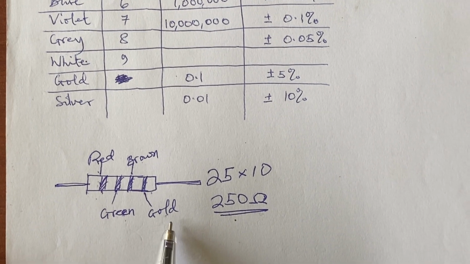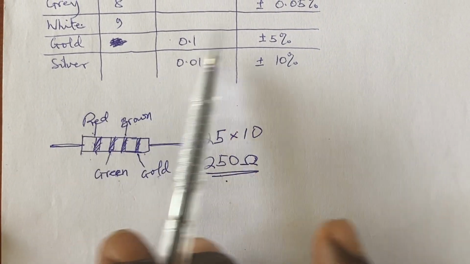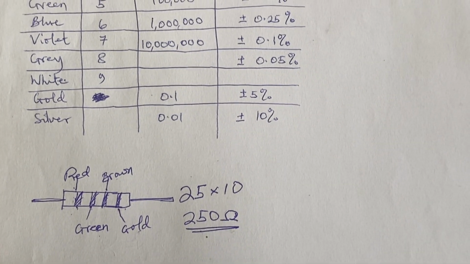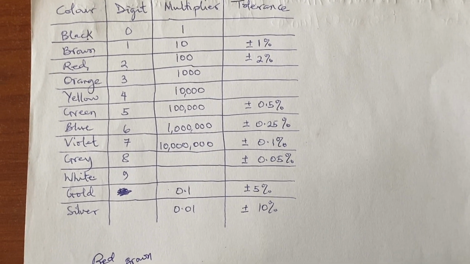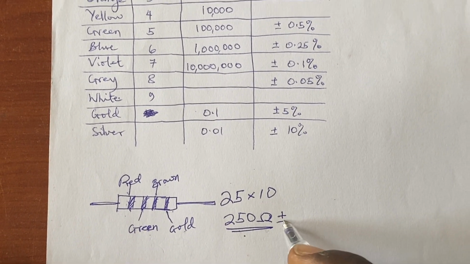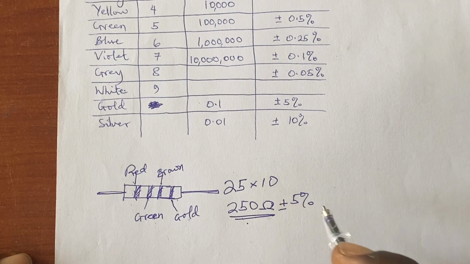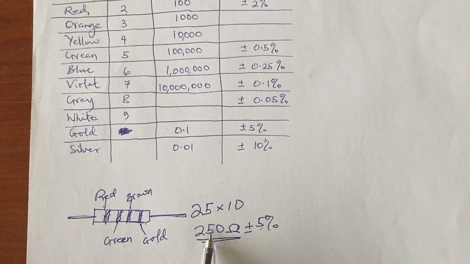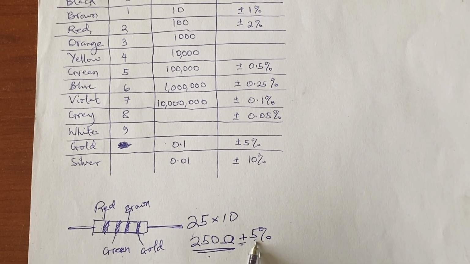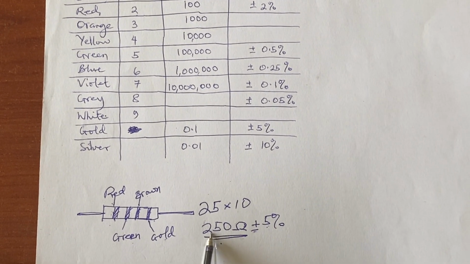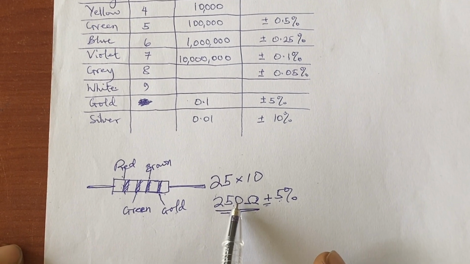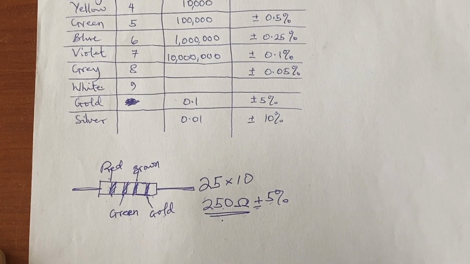That's the secondary color we are talking about here, and it is the tolerance. If it is gold, this value can be plus or minus 5%. That is, it can be 5% less, that's why we have the minus, and also 5% more. That is, it can be 255, and it can as well be 245.